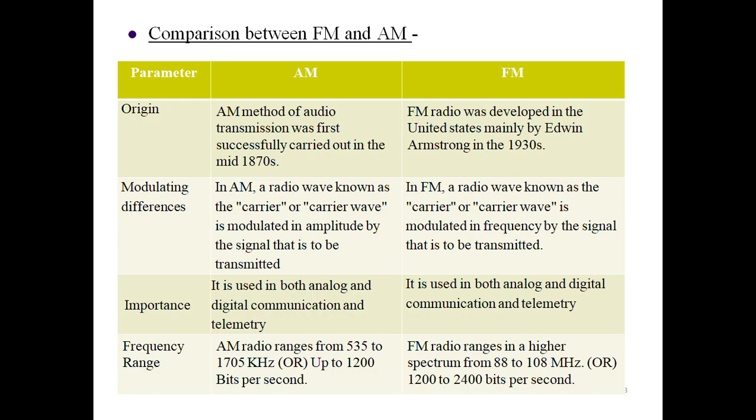Both can be used to transfer analog and digital communication. The frequency range for AM is quite low, 500 to 1700 kilohertz, but FM is around 88 to 108 megahertz, as you can see in our car radio, right?